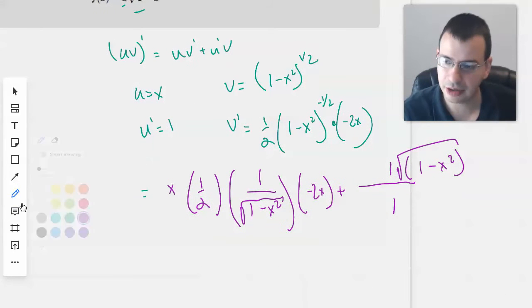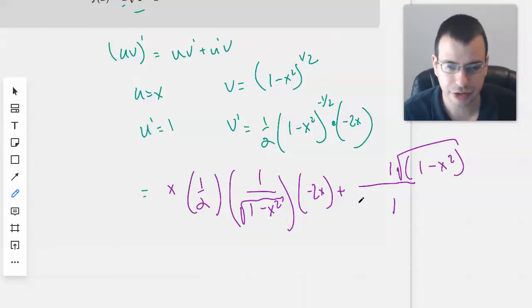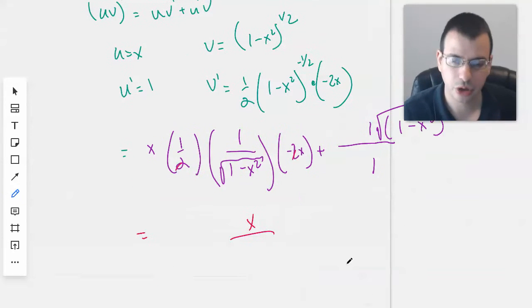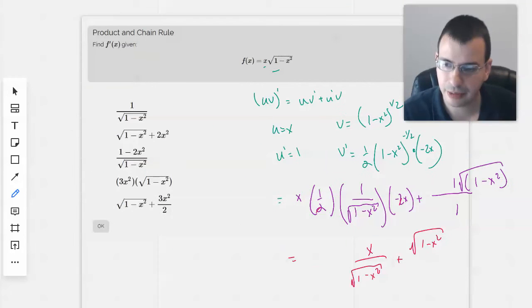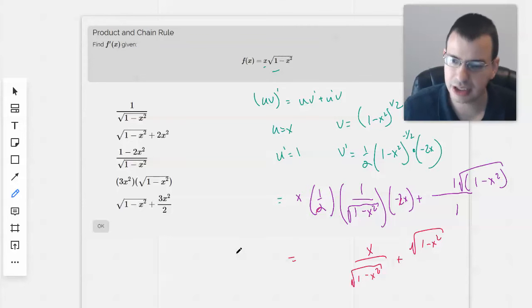Alright, now to simplify a little bit. I know, another color change. That way I can show that things are canceling. Equals x over the square root of 1 minus x squared plus the square root of 1 minus x squared. I'm going to take a look at the answers over here, see what they have for possibilities.